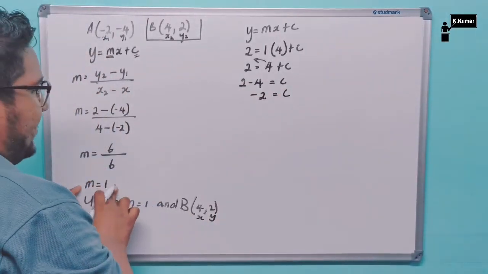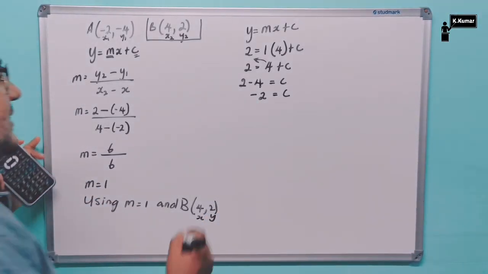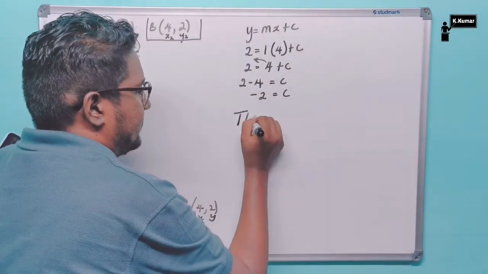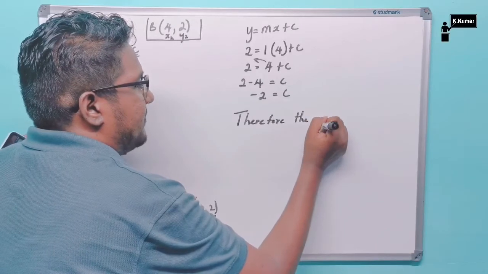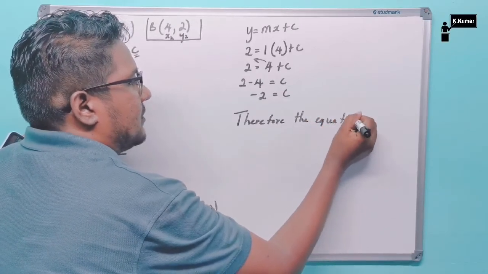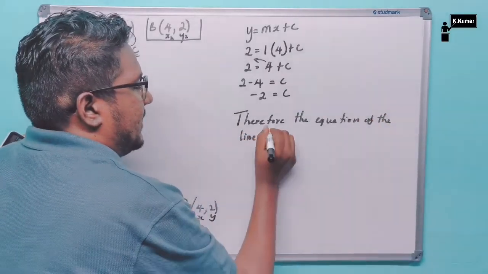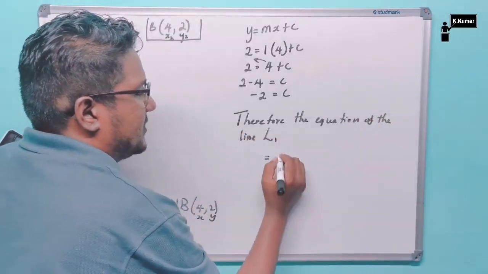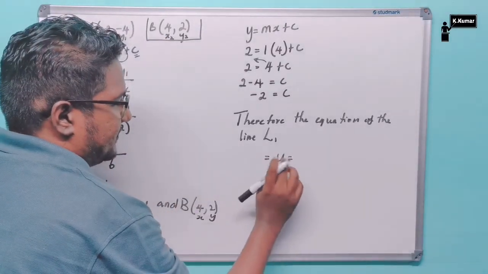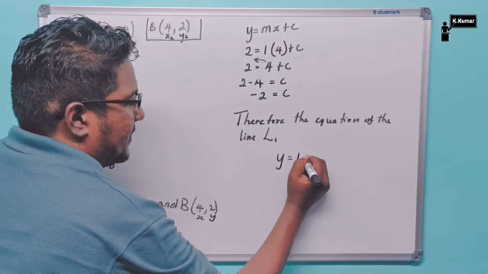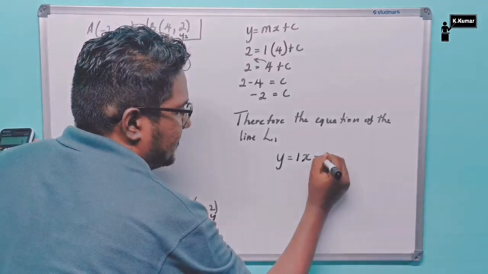So we found our m value, we found our c value. Now let's write the equation of the line. Therefore, the equation of the line L1 is y equals m, which is 1, x, and we know c is -2.